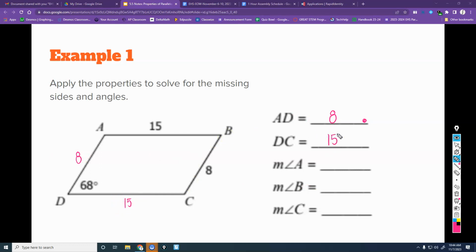Okay, good. William, give me one of the angles that they're asking for. Good. B would also be 68. Okay. Easton, give me another angle that they're asking for.